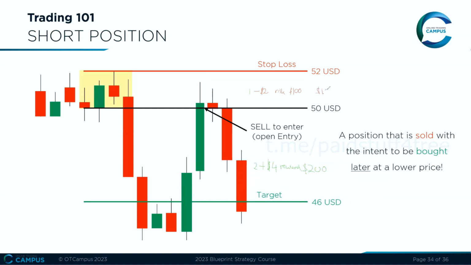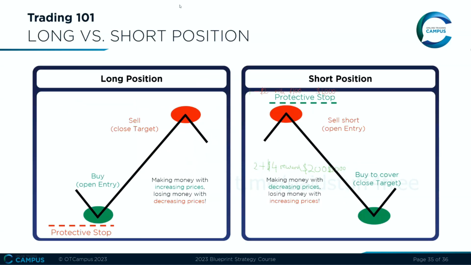You could risk $1,000, and here you would make $2,000 if you risk $1,000. So shorting is a position that is sold with the intent to be bought later at a lower price. And our entries will be above current price. Here you can see that wrapped up again.